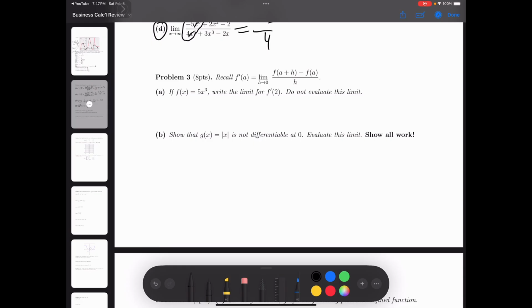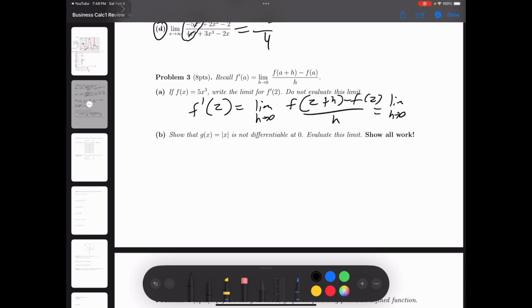Problem 3 says, here's the definition of the derivative. If f of x equals 5x to the third, write the limit for f prime of 2. Do not evaluate this limit. So we have f prime of 2. Here, 2 is going to be a, is equal to the limit as h approaches 0 of f of 2 plus h minus f of 2 over h, which is equal to the limit as h approaches 0.